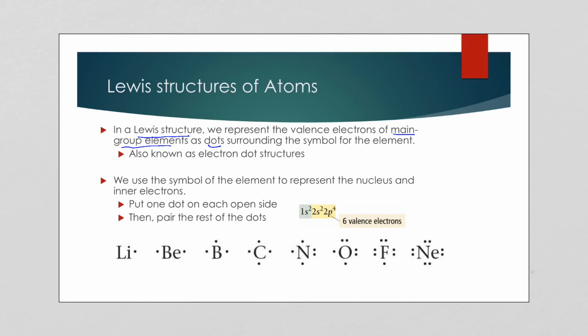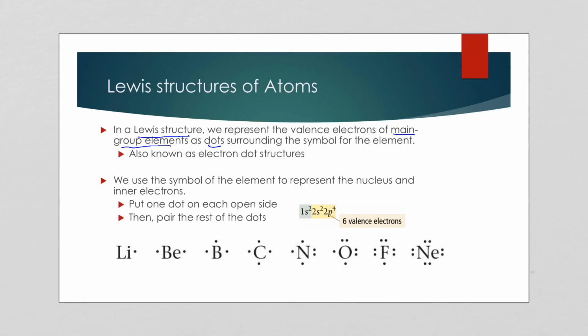So we represent the electrons as dots, and we can make these elemental structures or symbols based on the number of valence electrons. The way we form them is we put a dot on each side. So we have 4 sides, and we put a dot on each side, and then we start pairing up the dots, illustrating the correct number of valence electrons.